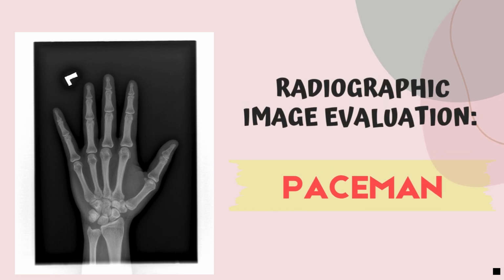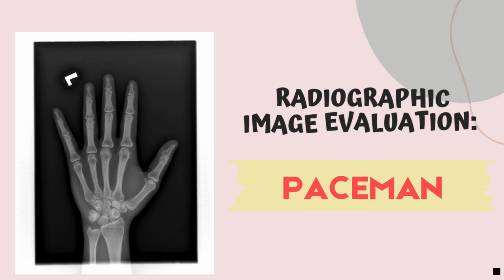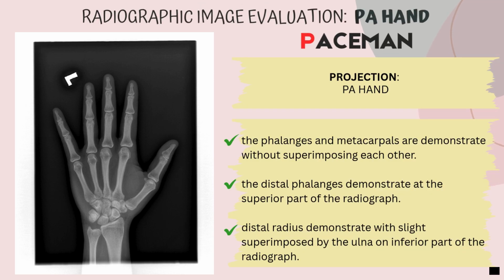Now, we move to the radiographic image evaluation of a PA hand radiograph using the PACEMAN method. We start the image evaluation of the PA hand radiograph with the first criteria for evaluation, which is the P for projection and position. The image shows a projection of a PA hand.